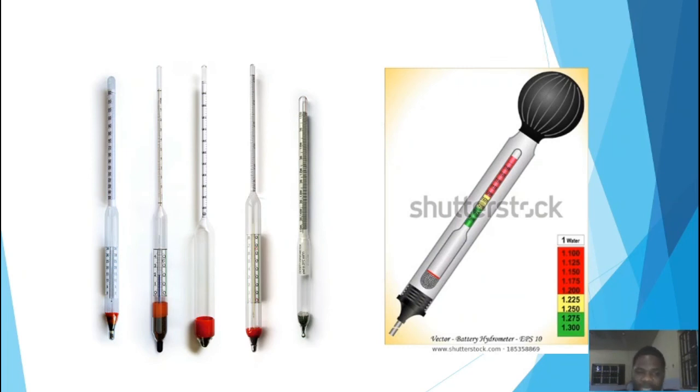The first one is lactometer. The second one is alcoholometer. The third one is acidometer. The fourth one is the thermohydrometer, while the fifth one is normal hydrometer. Then this one here is the one used by the battery charger for measuring the relative density of the acid.